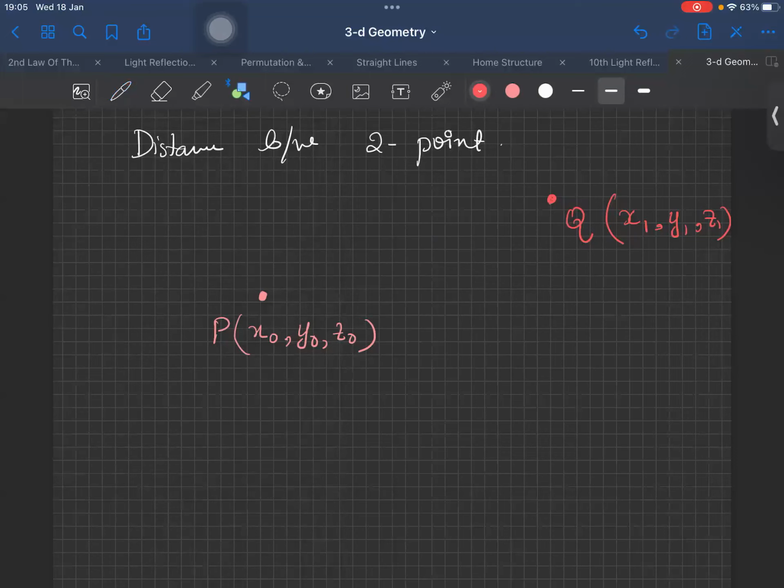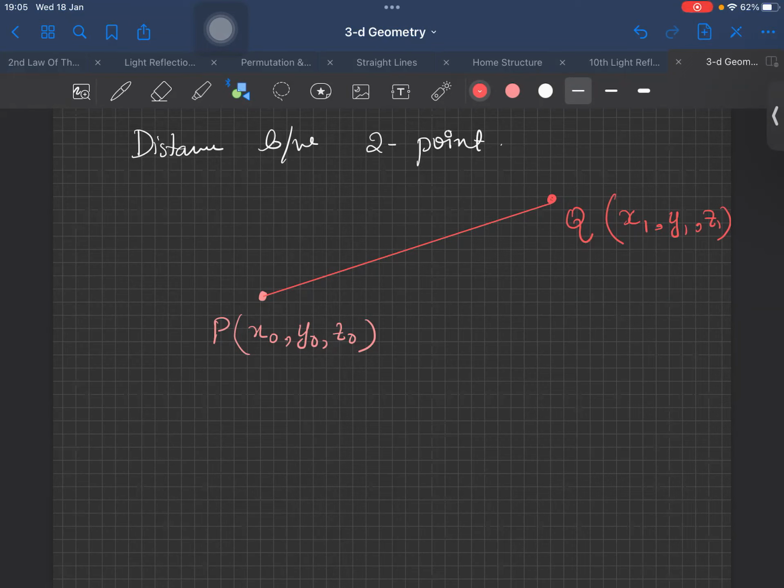Now how can we find the distance between P and Q? In 2D plane, we know the distance formula. We had the proof of that formula, and we can also have the proof here. Let's understand without proof first.